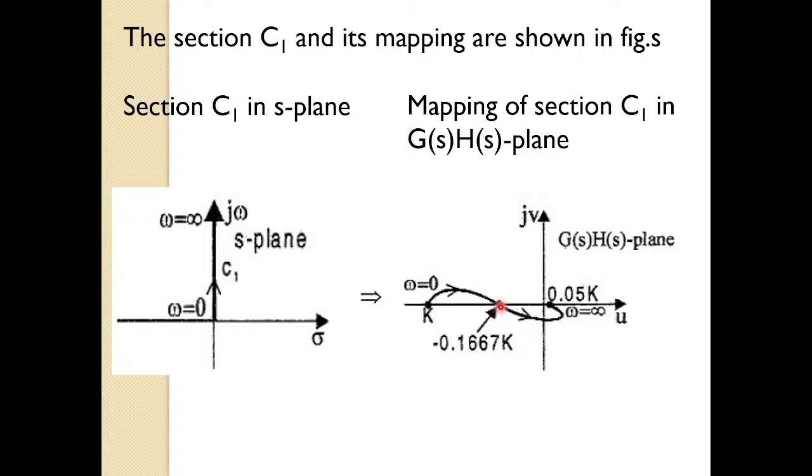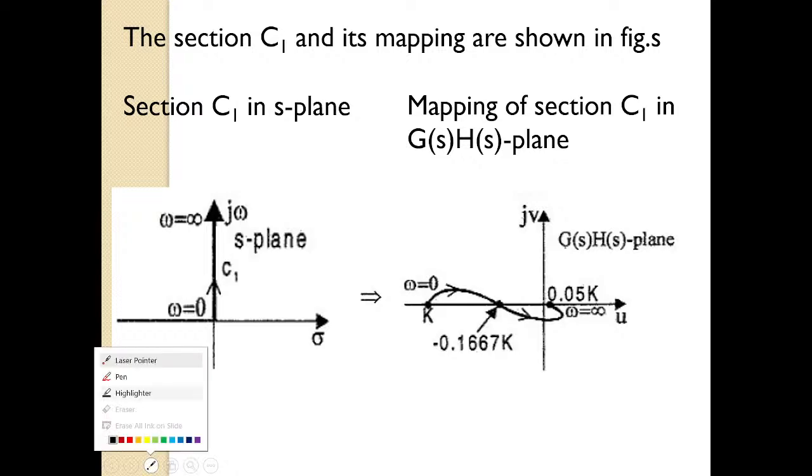Even though it is in the second quadrant here, it will go to the third quadrant. Through the third quadrant, you locate some point, not at the origin, because you have got some magnitude at omega tends to infinity.